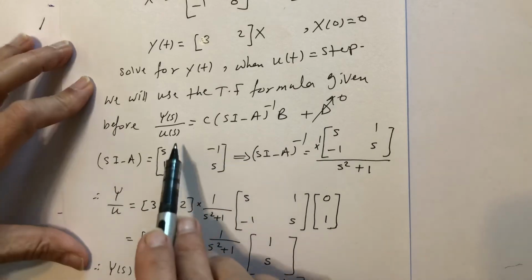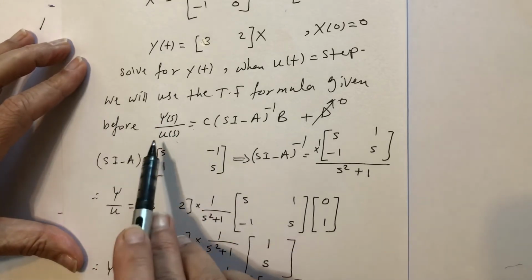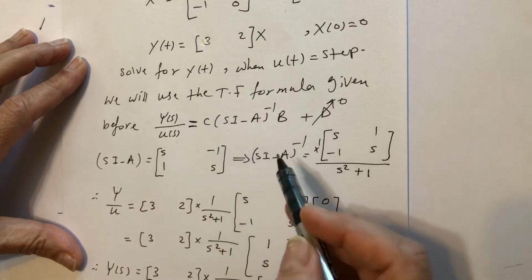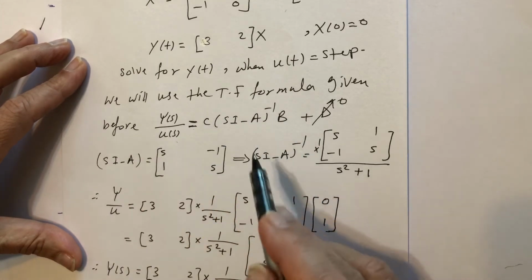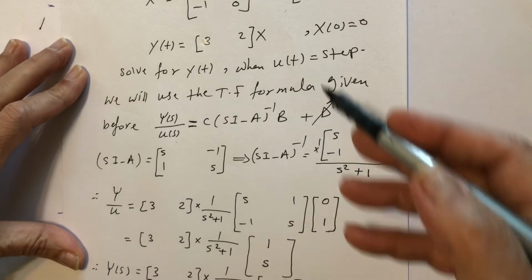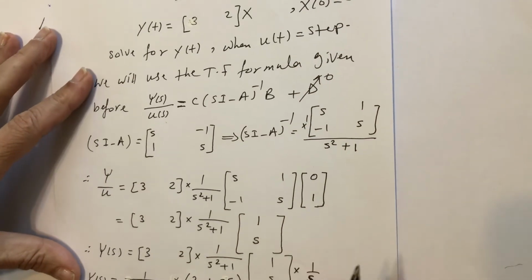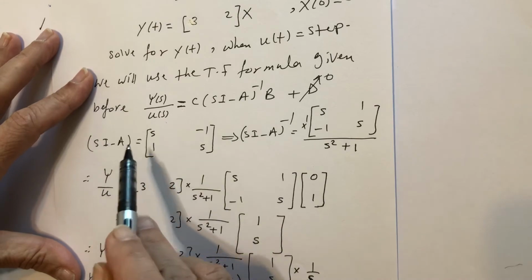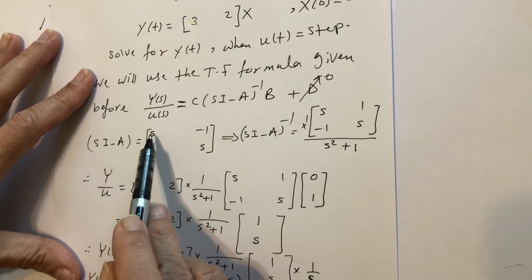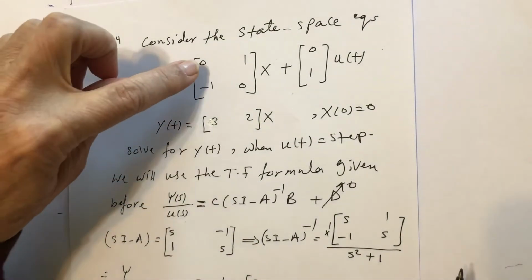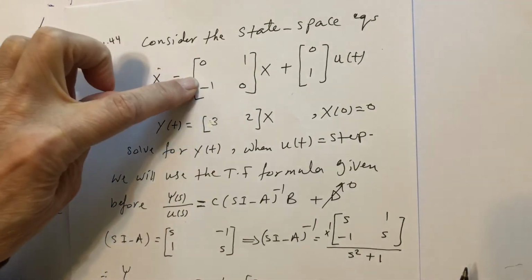Okay? This formula. Look, the formula says y of s over u of s equals C (sI minus A) inverse times B plus D. Of course D I don't have it. It doesn't give me D here. It's 0. And you remember that sI minus A will be s, minus 1, 1, s.